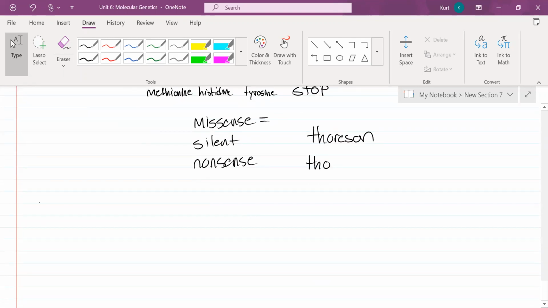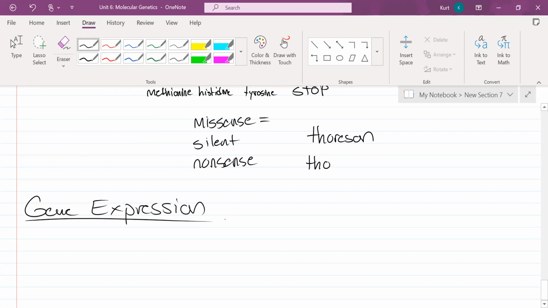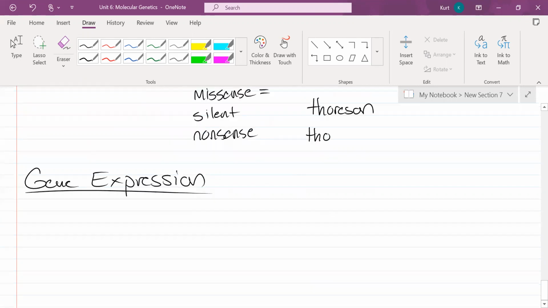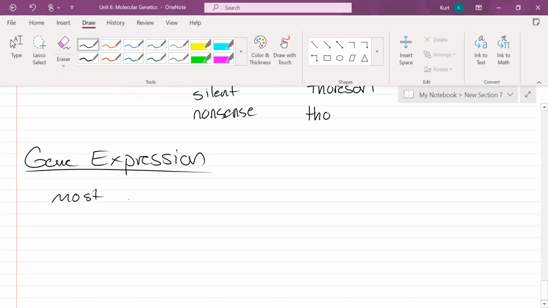All right, let's go to gene expression. Remember that most genes are turned off. They're methylated.